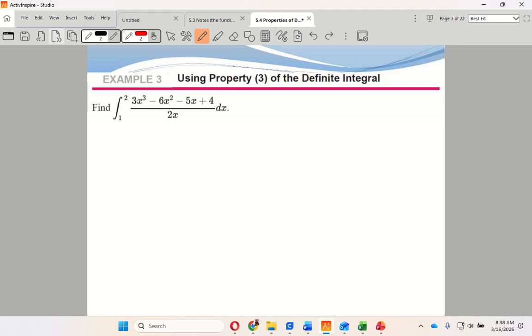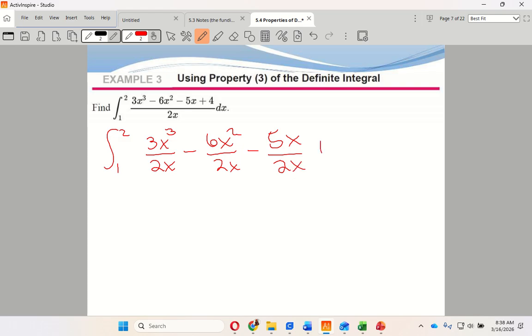All of them are going to have the denominator of 2x. So, integral from 1 to 2 of 3x cubed over 2x minus 6x squared over 2x minus 5x over 2x plus 4 over 2x dx.